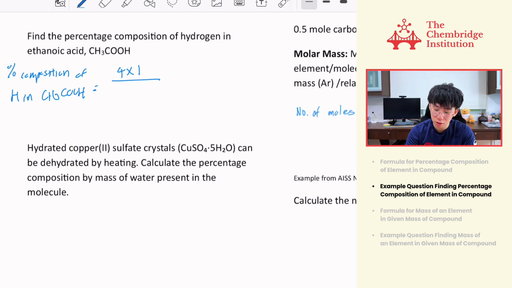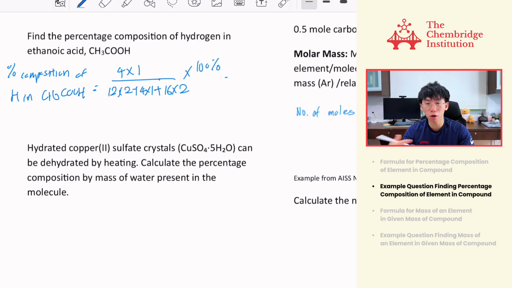In total, there are 2 carbons, 4 hydrogens, as we've already found out, and 2 oxygens. If you label it properly, of course, you must times 100%, don't forget. You calculate properly and you get an overall value of 6.67%, converted to 3SF. So that's exactly how you find the percentage composition.